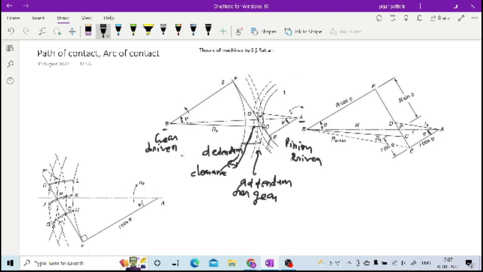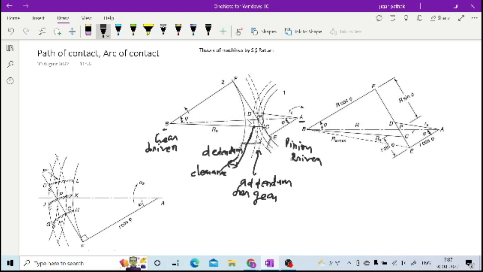So once you can visualize this, then I guess we can go forward. This thing must be clear, that the pinion's tooth has this point C at the bottom and D at the top of the same tooth. Similarly, this gear has D at its bottom and C at its top, right? Addendum of gear is here. So this is how you should have this idea.